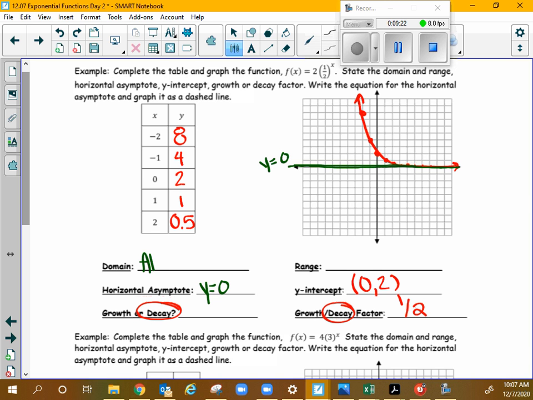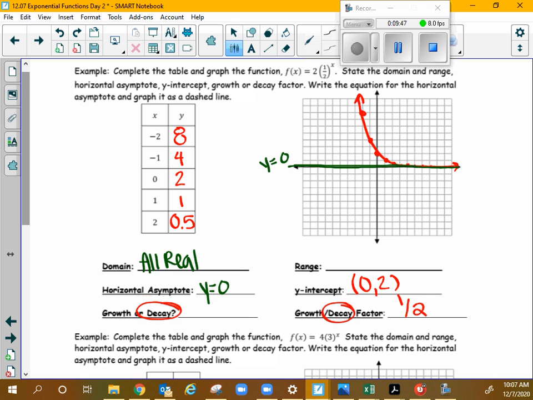All real. No. What value is your curve approaching but never reaching? Or what value? 0. No. How do you know if it's not 0?